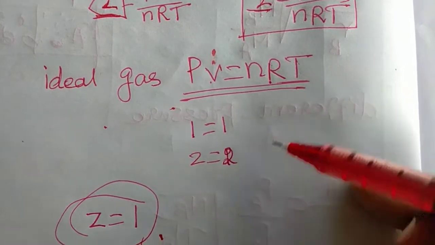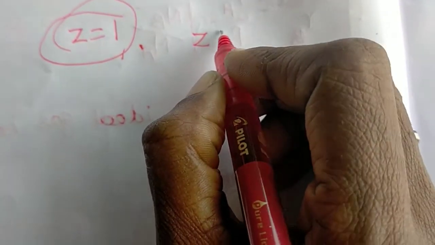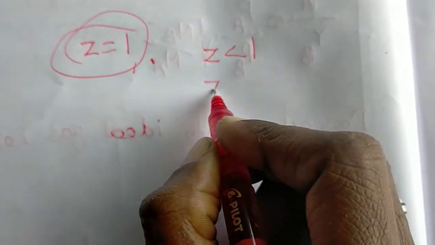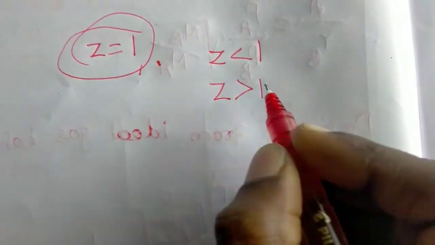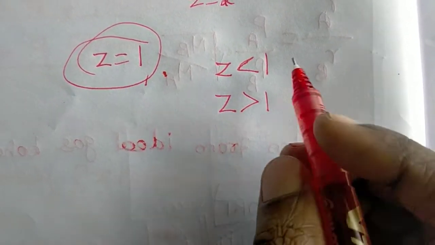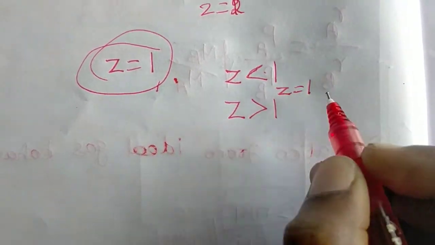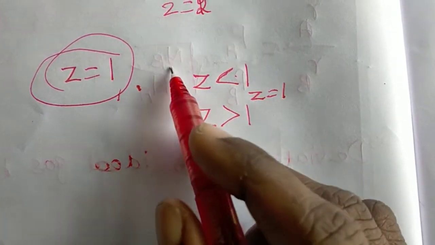When we move to real gases, the compressibility factor will change. We have two conditions, Z less than 1 and Z greater than 1, and in between those two we have the ideal gas behavior, Z equal to 1.